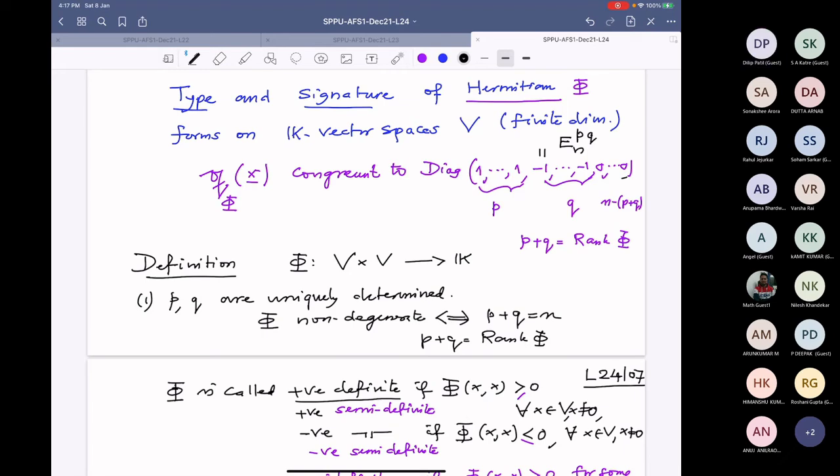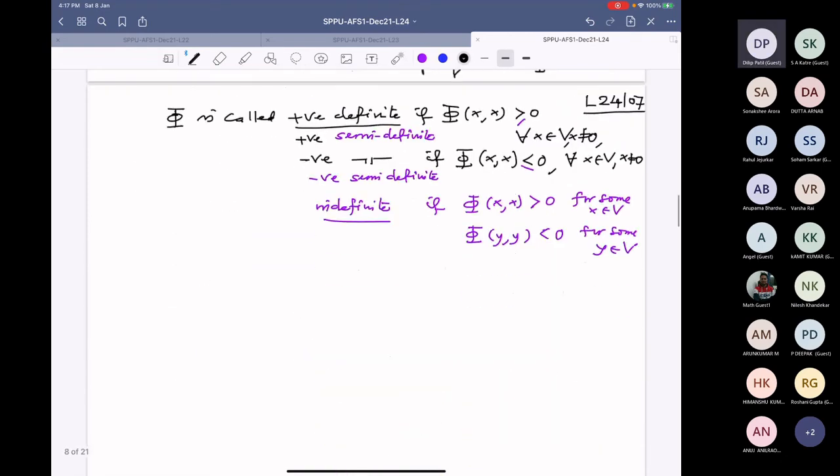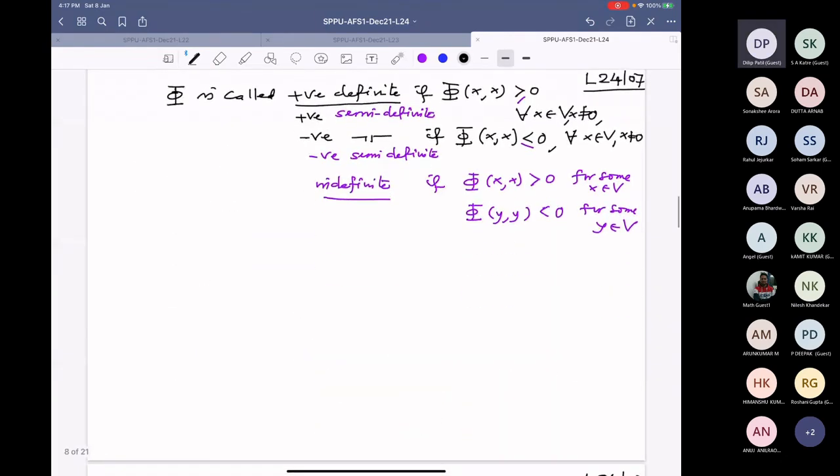Yes. So what is p now? This is Sylvester's law of inertia.